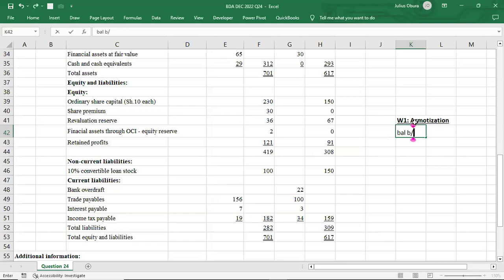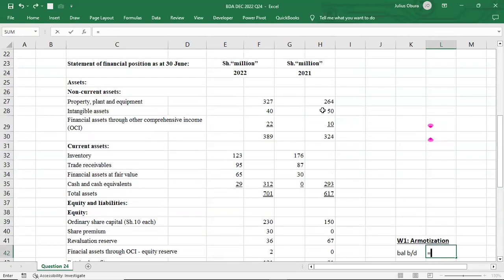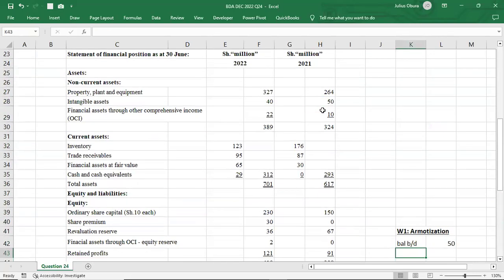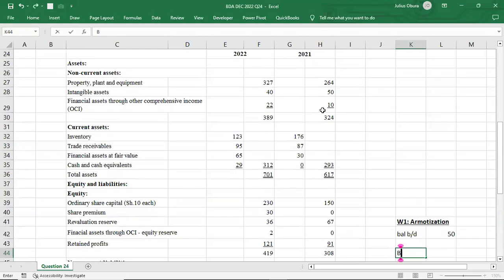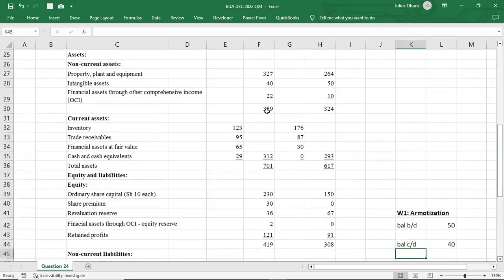And you will have here the balance brought down. And what is our balance brought down? 50 is our balance brought down. And then we have the balance carried down. Can leave a space there. 40.